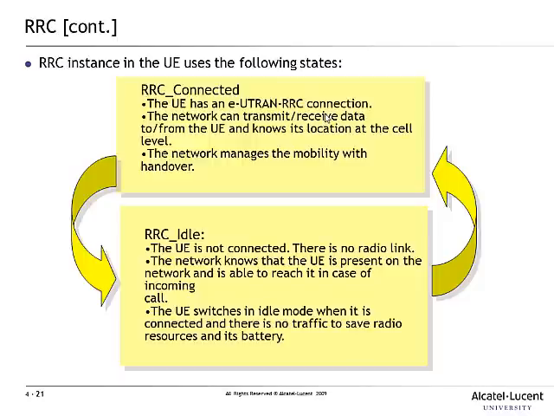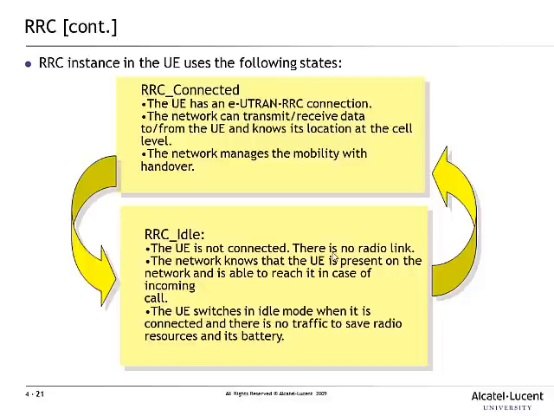Okay, and the network knows that the UE is present. And if there is an incoming call, it knows how to reach it. It knows how to invoke paging procedures to be able to locate the cell the particular UE is located at. So basically, when you're in the connected state and you don't have any traffic to transmit, after a certain timer condition takes place, you get moved on to the RRC idle state.